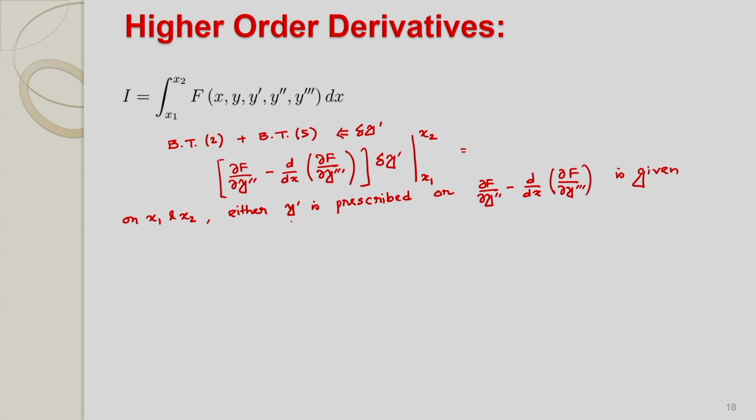So, if y prime is prescribed at both x 1 and x 2, then the contribution of this boundary term is 0, because then delta y prime is 0 at both x 1 and x 2. Now, another boundary term. So, this is our boundary condition 2.